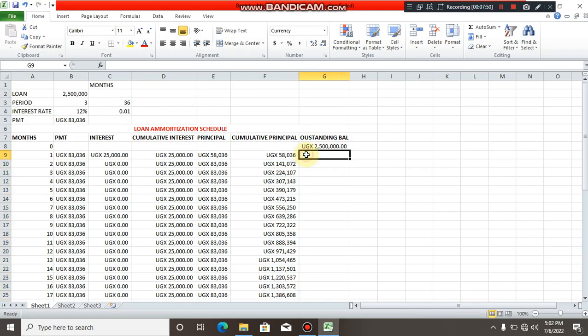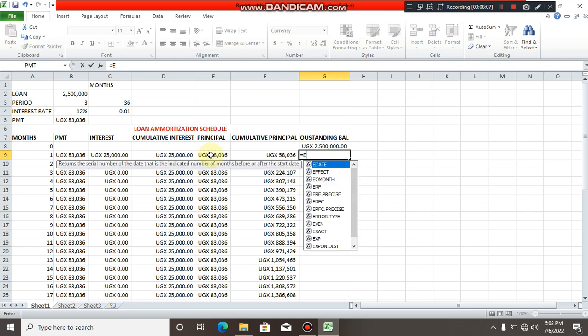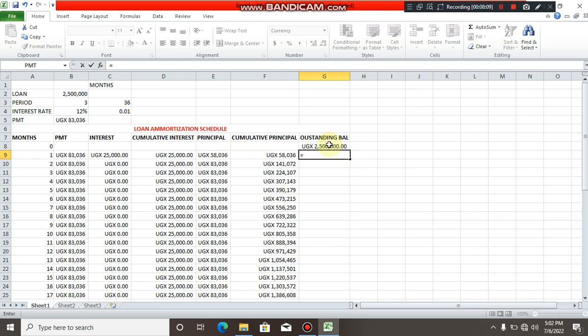Then the outstanding balance, so it will be equal sign. In the first month you paid this amount. So this is your loan, you pay this. What is the remaining balance? It will be the loan you obtained minus the principal.